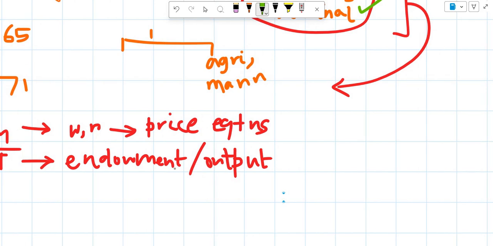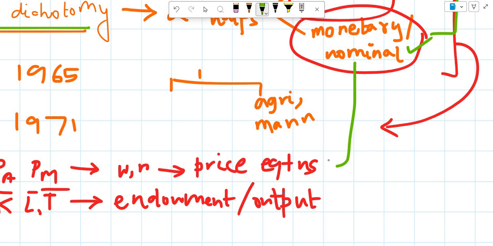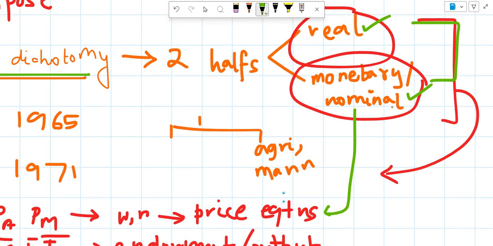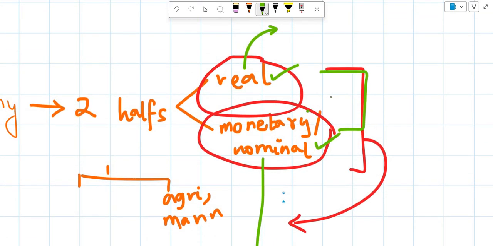If you think of this, you see the price equations can be connected to the nominal side. So you have the price equations which are comparable to the monetary or the nominal side. Whereas for the real sector, if you remember the original classical dichotomy idea, you have the real output and the real growth rate. Those are the real aspects, right? On the monetary side, you have money supply and price.